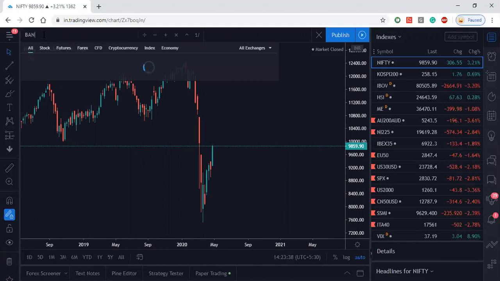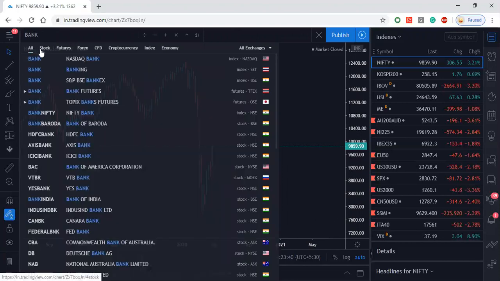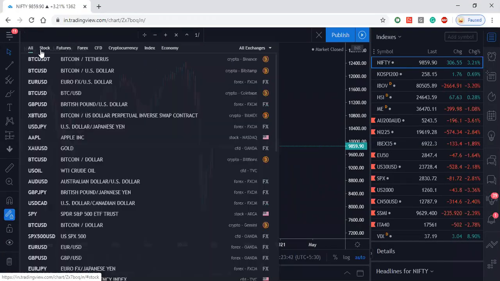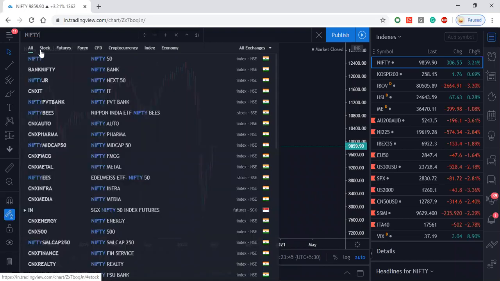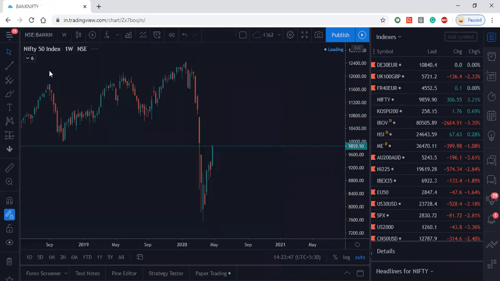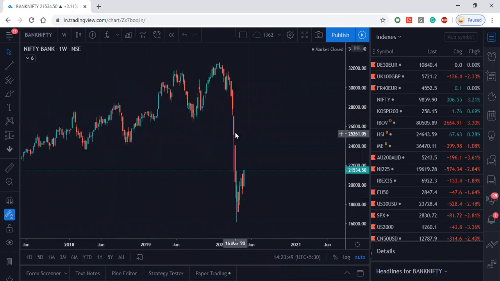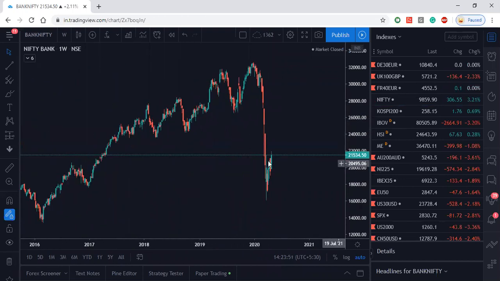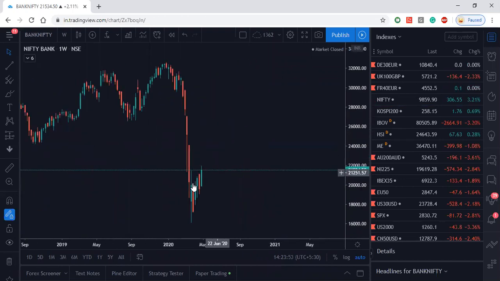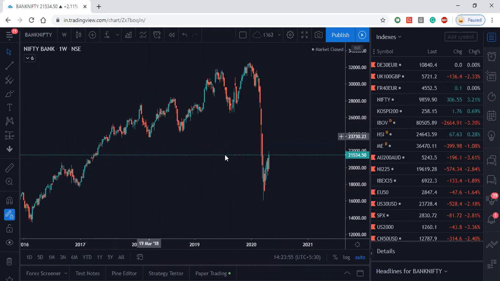Now let's also take a look at Bank Nifty. Right, so Bank Nifty has a bullish candle, but again, you can see the retracement also is not much in this case.